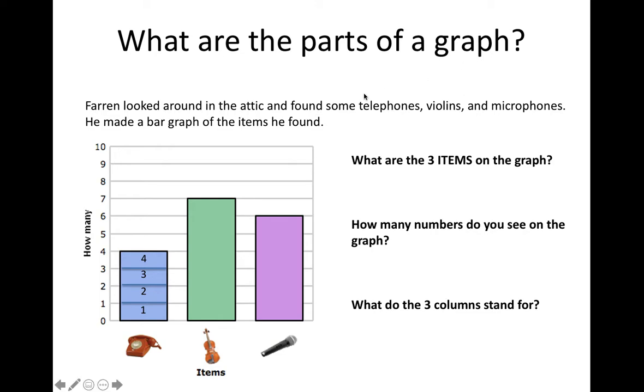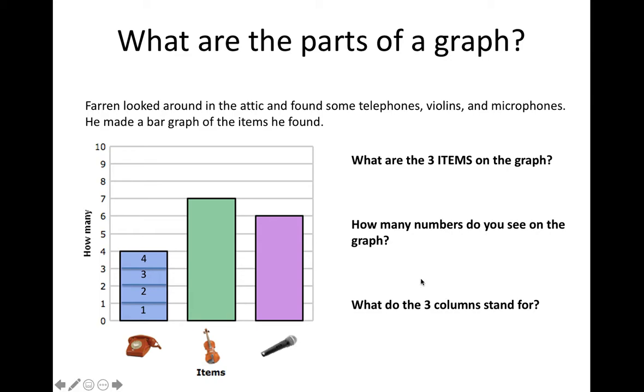In our problem, it says telephones, violins, and microphones. And those are the items, and we have them represented by pictures. What you could have also done was just write telephones, violins, and microphones. But for this case, it was just drawn as a picture to represent these 3 items.